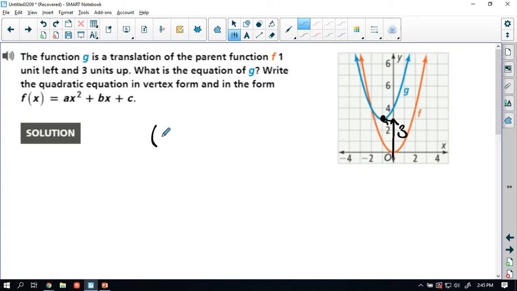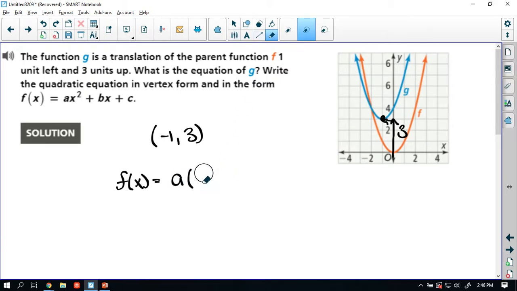So my vertex is -1, 3. So then we have a sign change here. Like I put another x plus 1, because again, to get this -1, this had to be a positive 1, plus 3.